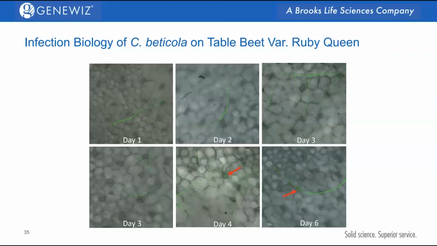I was not able to see any stomatal tropism. The fungus is just growing and having this network of hyphae. And by day 4, I was able to see that the fungus was penetrating the stomata, where I have pointed with the red arrow.